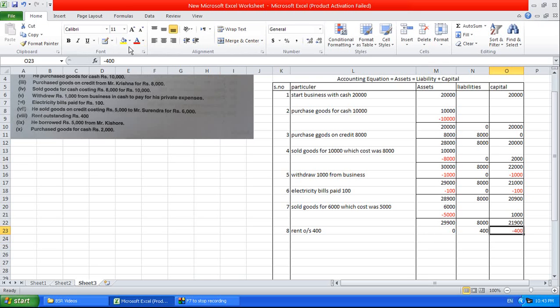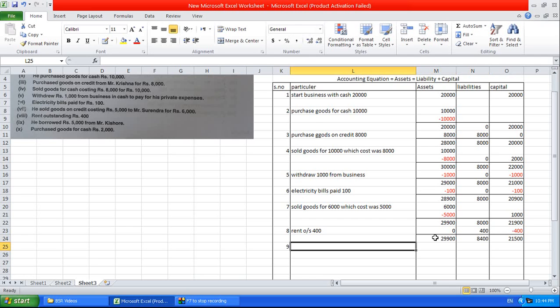So after passing this entry, the effects will be like this. Here 29,900, here 8,400, here 400 will be reduced, means 21,500 only. Now go for 9th one. Borrowed from Mr. Kishore. He borrowed 5,000 from Mr. Kishore.